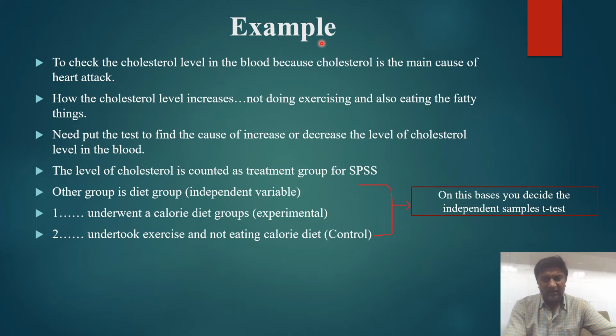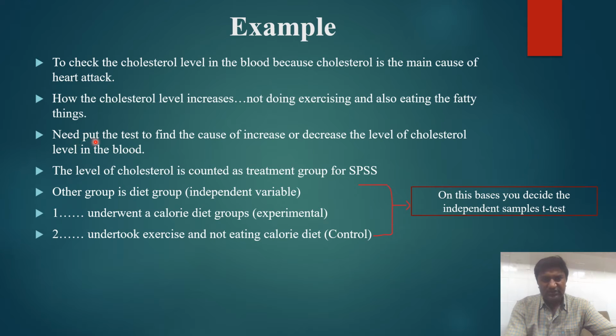So I would like to explain the independent samples t-test with the help of an example: checking the cholesterol level in the blood, because cholesterol is the main cause of heart attack. How does the cholesterol level increase? By not exercising or other factors, and also eating fatty things.